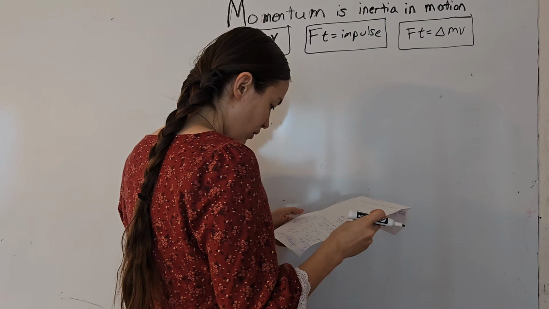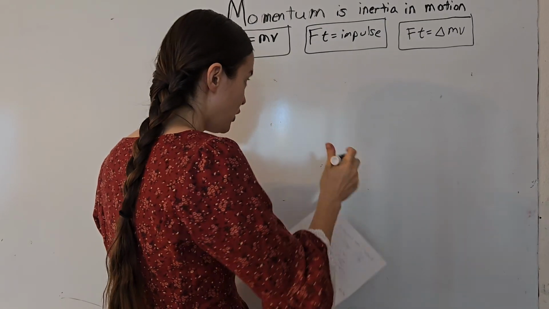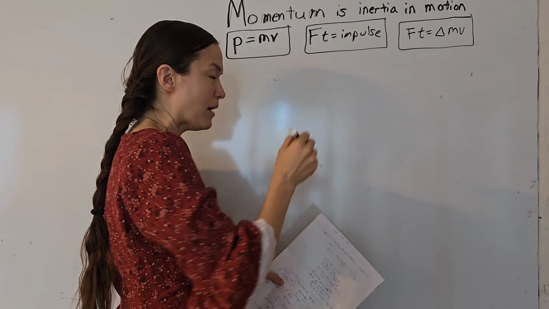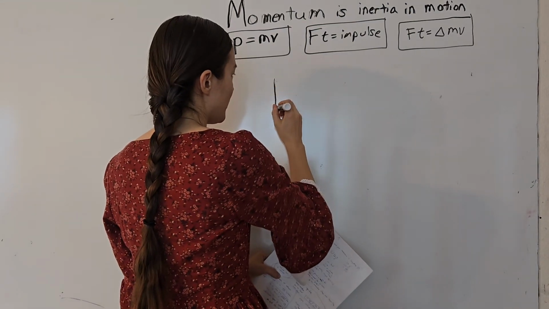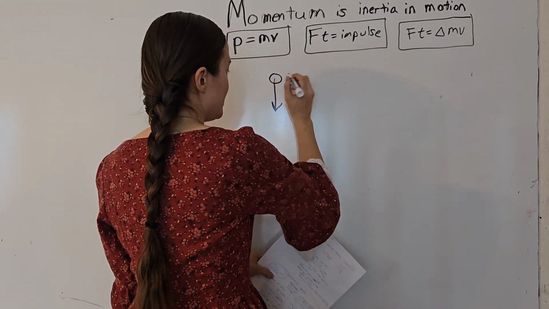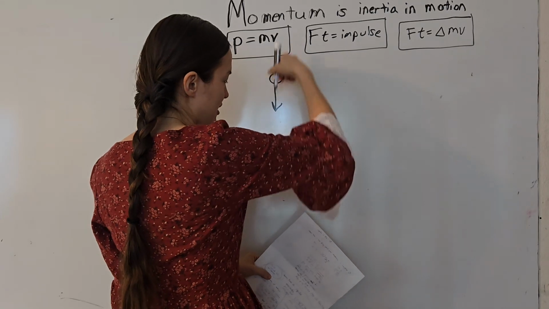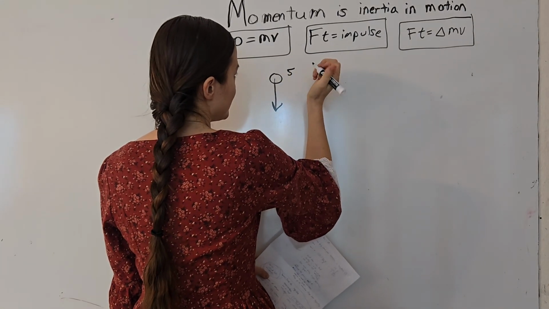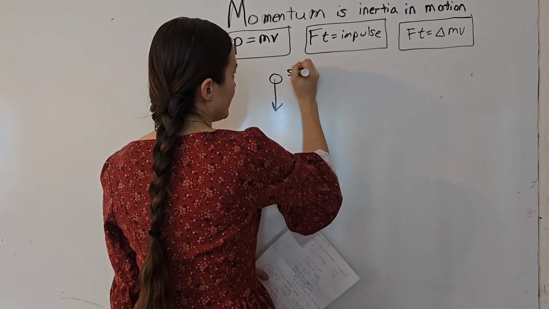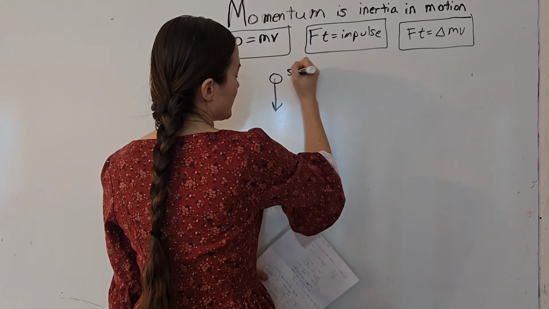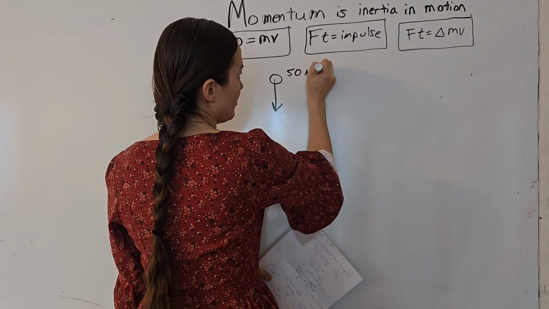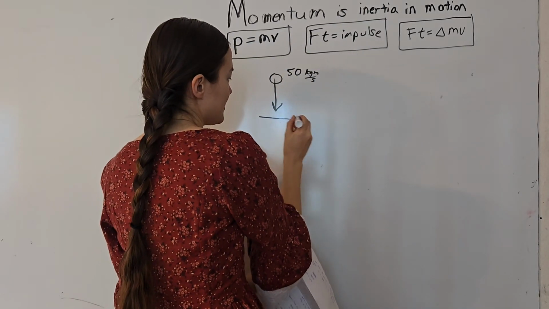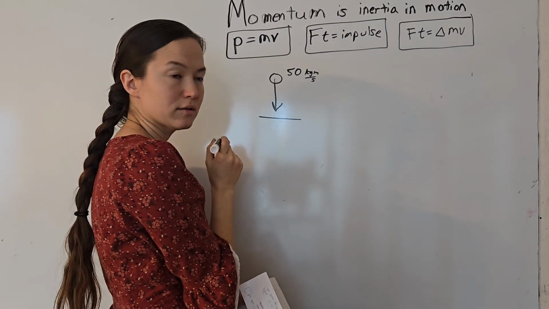Okay, so one of the things we'll notice with bouncing is this. Let's say it's a ball, and its momentum is going down. Let's say it's 5 kilograms and it's going 10 meters per second. So it's 50 kilogram meters per second of momentum going down. Now let's say that it hits the floor.